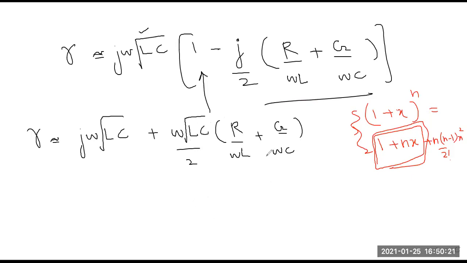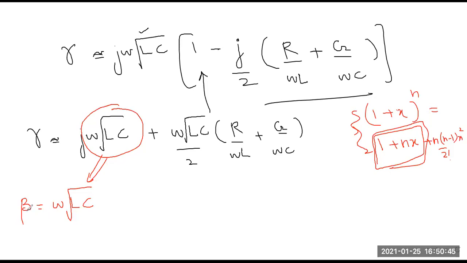Now you can clearly see that we have been able to separate the real and imaginary part. So this is j something, this is actually beta, the imaginary part of the propagation constant. And if you remember, this is the same value as you get for the lossless line.